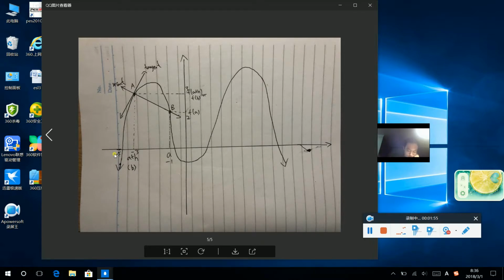Regarding the secant line, we can use a formula we learned last semester. For this topic, I just want to show how one point approaches the other. The point has coordinates A plus h and f(A plus h).